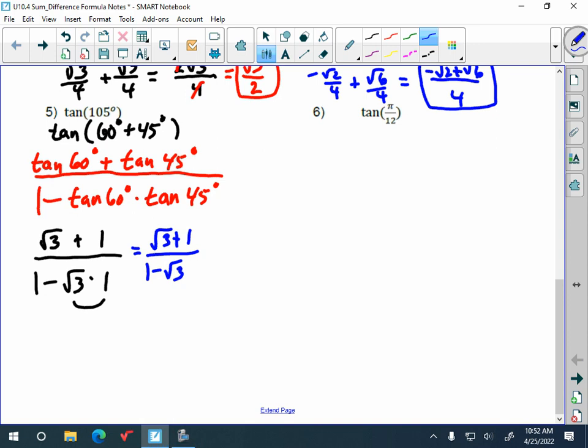So we're going to multiply top and bottom by the conjugate. The conjugate is whatever the denominator is, we just change the sign of this term right here. So we're going to multiply top and bottom by 1 plus radical 3, because the denominator is 1 minus radical 3. So this is called the conjugate.